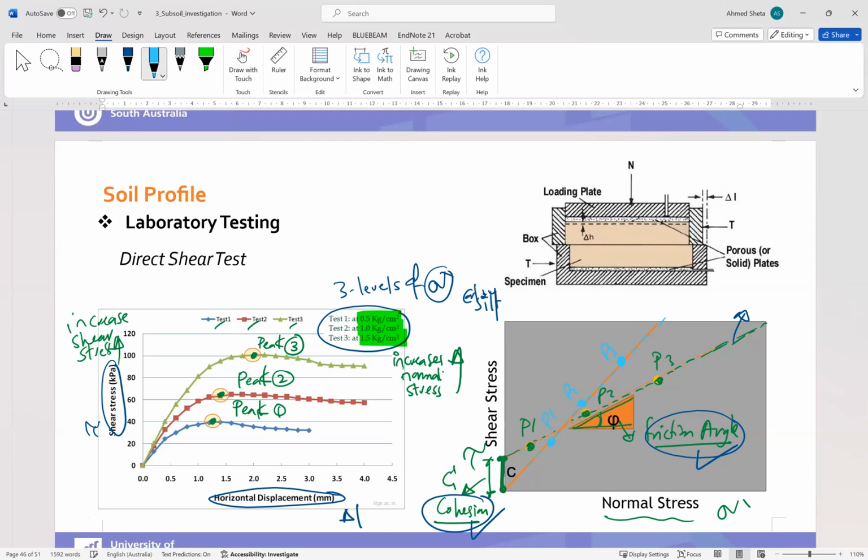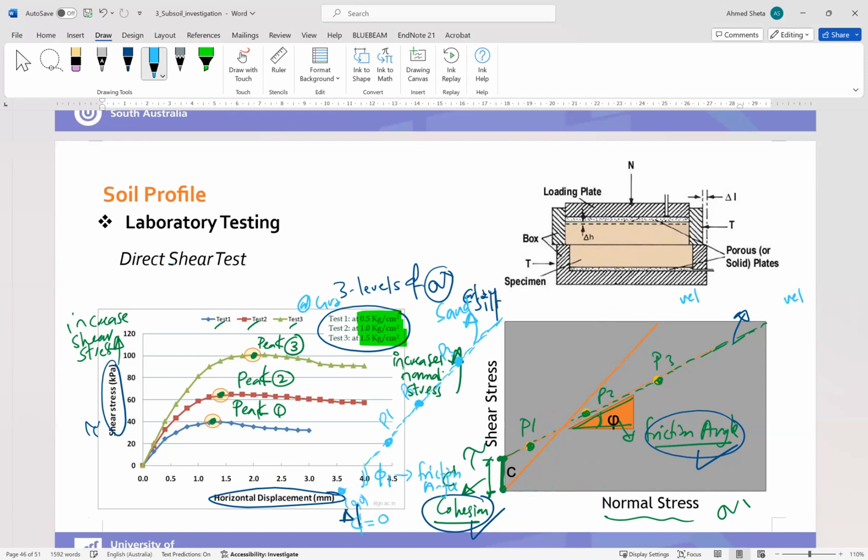You will notice that the intersection will be at the 0 point. So this means that for this example, C equals 0, and we will have only a friction angle phi 1. So what is the type of soil that has only friction angle but doesn't have any cohesion, or the cohesion is 0? This soil should be sand or gravel.